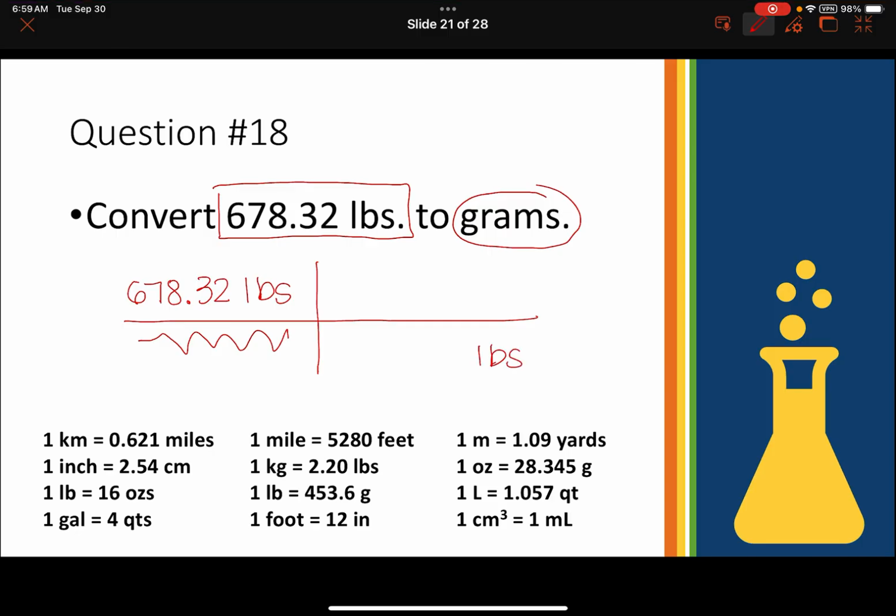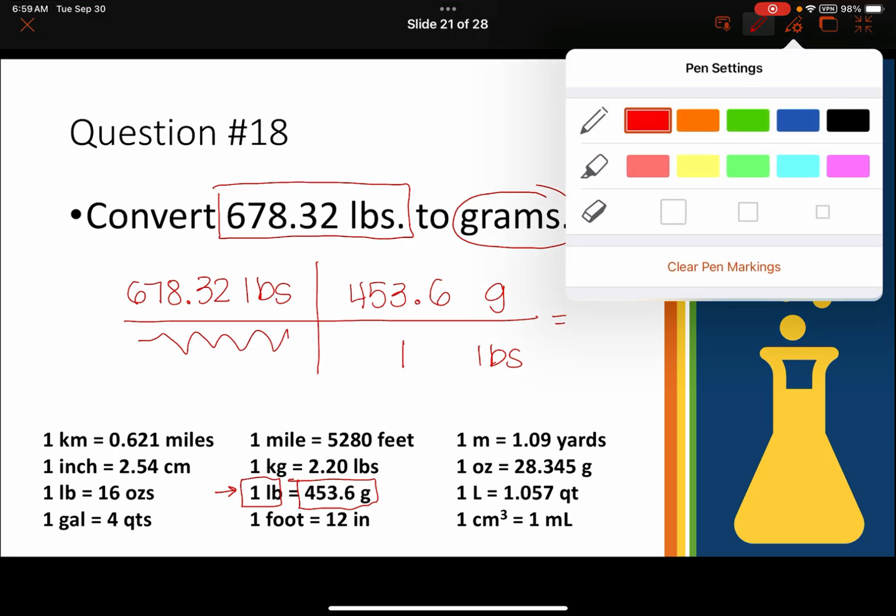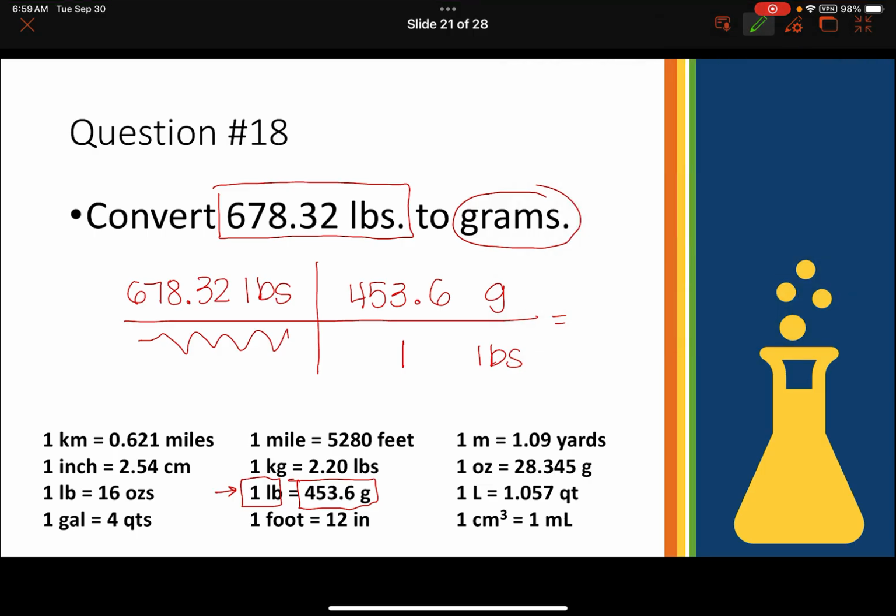We want to see if there's a pounds to grams conversion. As I'm looking through here, we do have one. It's right here. We're going to put 1 pound on one side and 453.6 on the other. So 1 pound. So when we go to complete this, you're going to do the top, multiply, and then bring the bottom over.